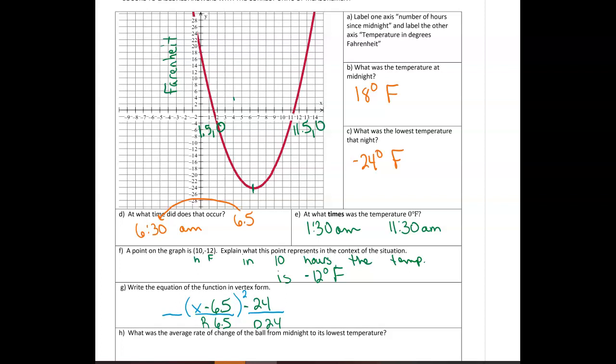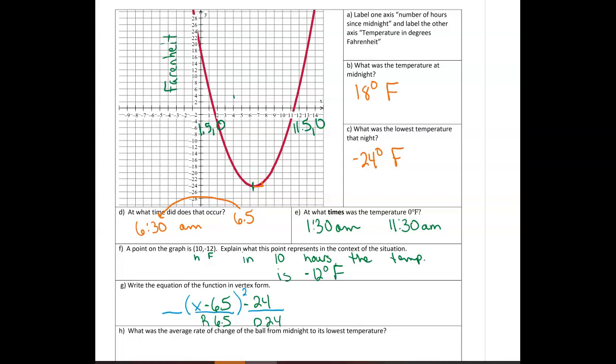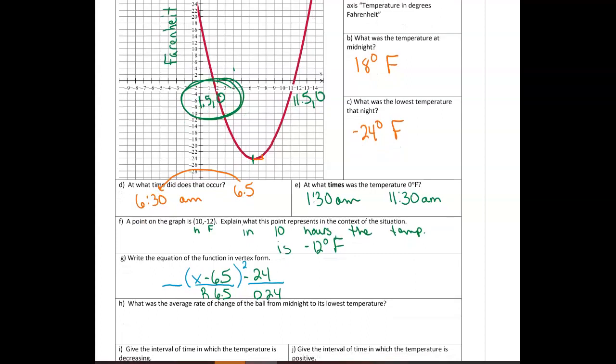So from the vertex, I got to go over one whole spot. And if I go up, I don't think I can tell what that is. So what I'm going to have to do is take some other random point. So you know what? I'm just going to use this (1.5, 0). And I'm going to put my A that I'll try to figure out here. I'll put my X value in for the X. And then when this thing equals Y, I'll put 0 in for Y. And then you're going to need a calculator here, no problem. But the first thing we had talked about is that we would add the 24 over.